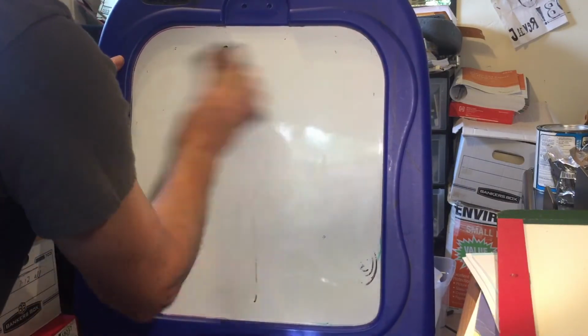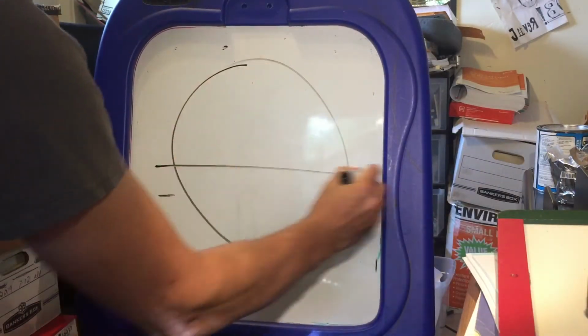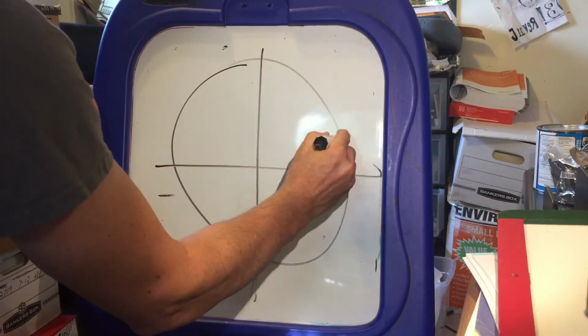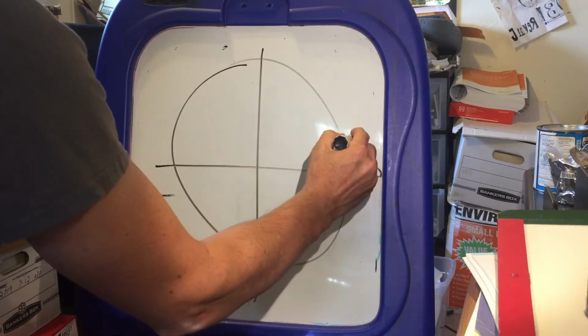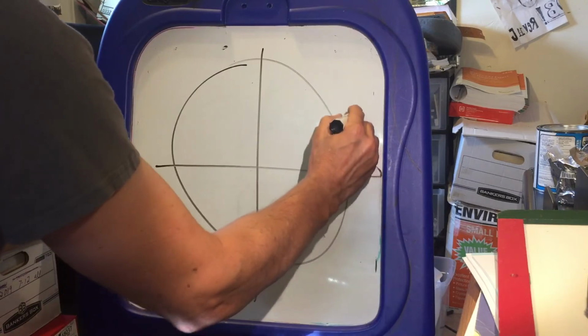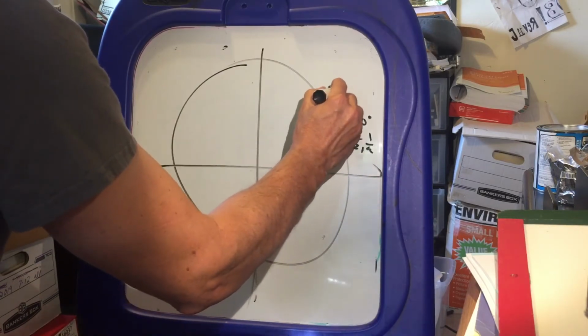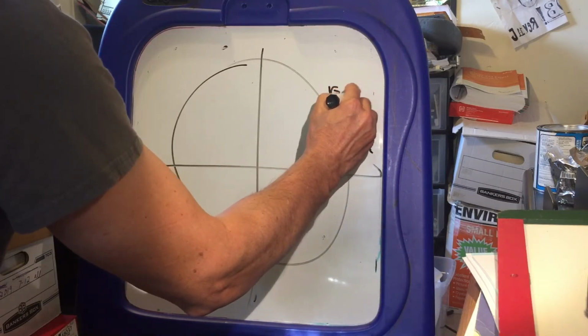Let me try to make a little bit more sense of it here. So you've got a unit circle. On that unit circle, there's coordinates all over it. There's a coordinate here. That coordinate is root 3 over 2 comma 1/2. It happens at 30 degrees, or pi over 6. Then you got 45 degrees, root 2 over 2 comma root 2 over 2.